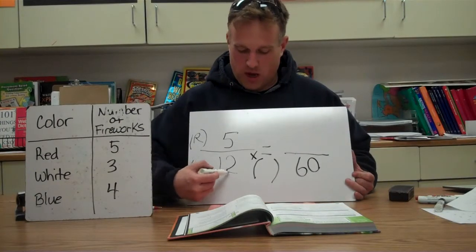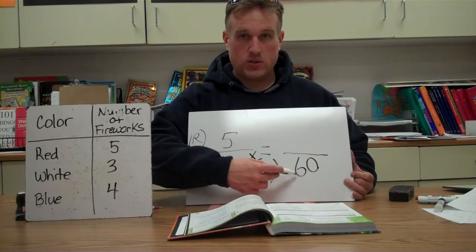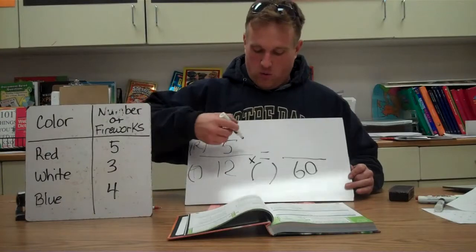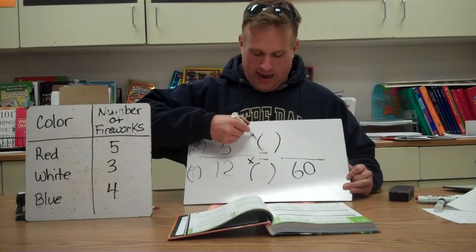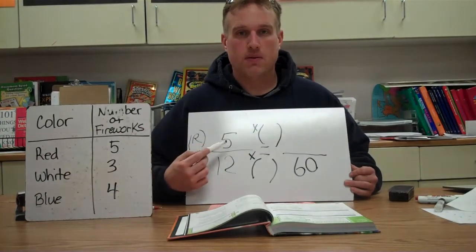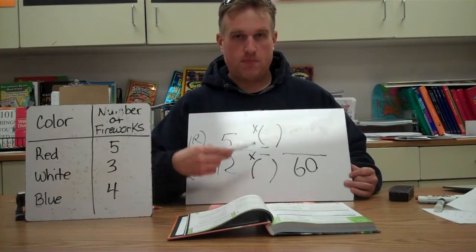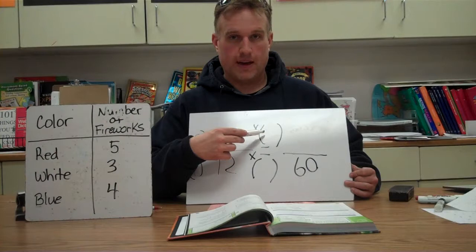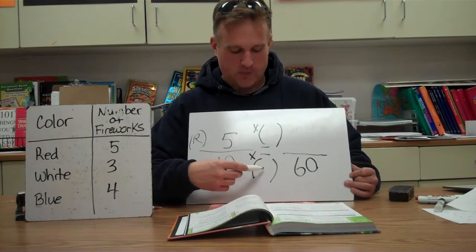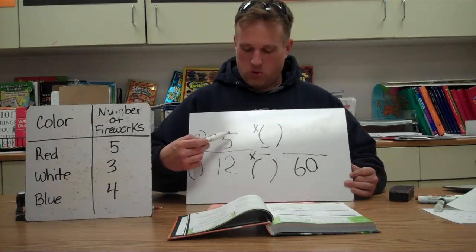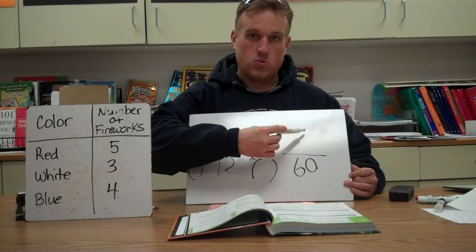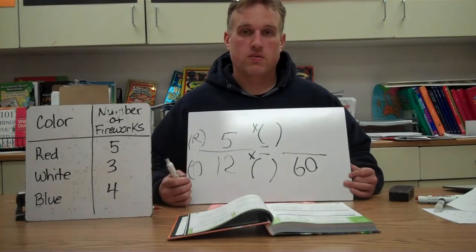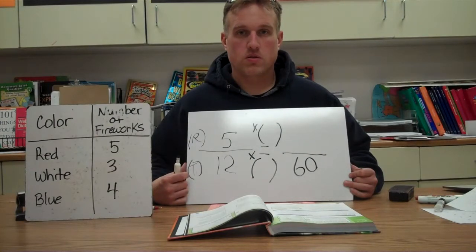Whatever you come up with, you have to do the same to the top. Whatever you do to the bottom, you must do to the top. So once you figure out 12 times whatever it is equals 60, you will then say 5 times that same number, and that answer will go here, and that will be your final answer for this question.